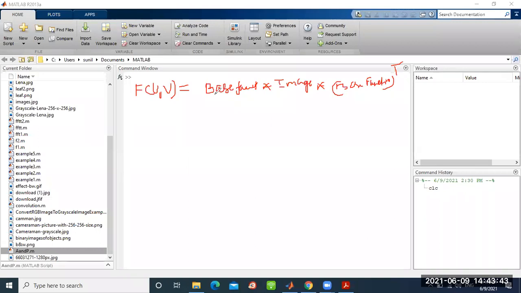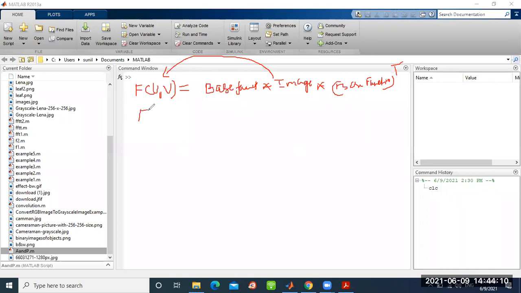When we are converting an image to the Fourier transform, we are using some basic functions or unit functions. These unit functions are already defined, and they will be used while converting any image to the frequency domain. Sometimes this base function is also called the kernel.